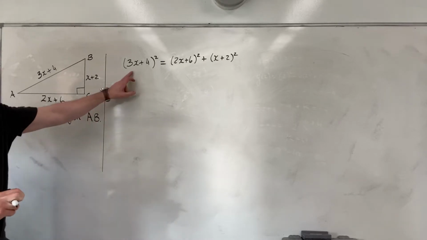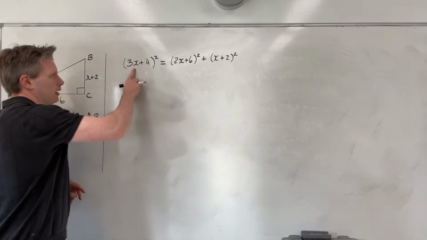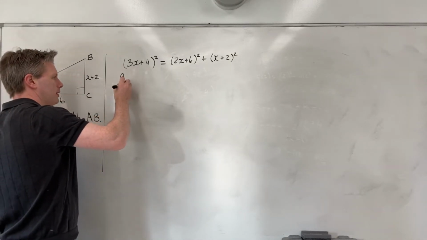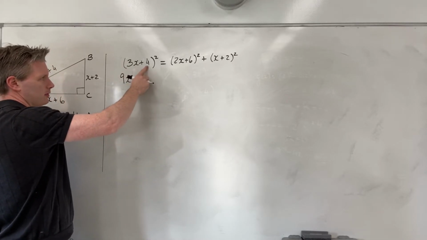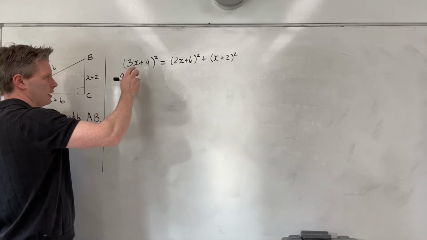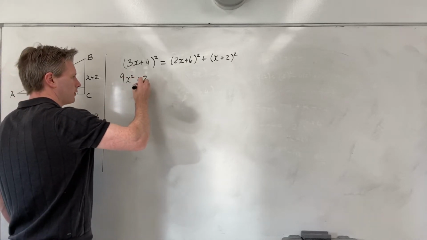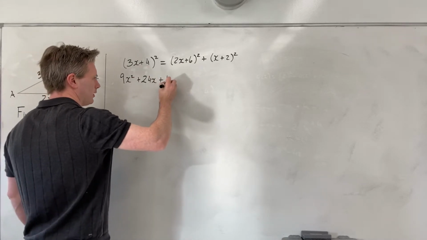All right, so let's square out our parentheses here. 3x plus 4 squared. I square the first term, that will give me 9x squared. I will take the product of the two terms and then double it. So 4 times 3x is 12x, times 2 is 24x. And then square the last term, it's plus 16.